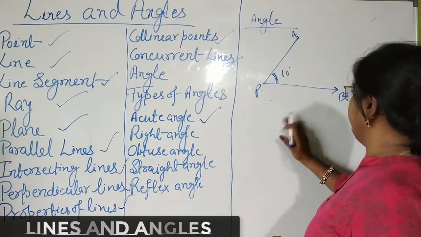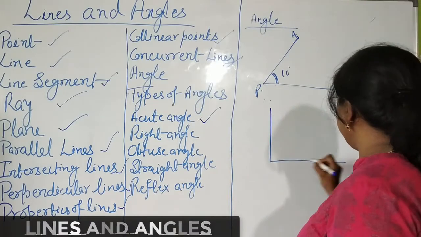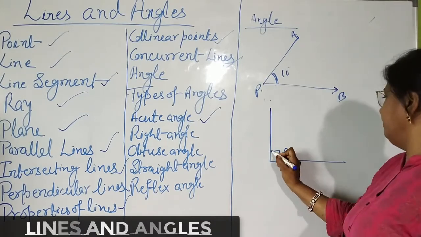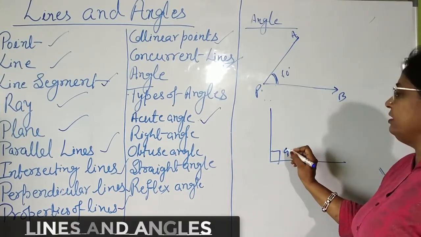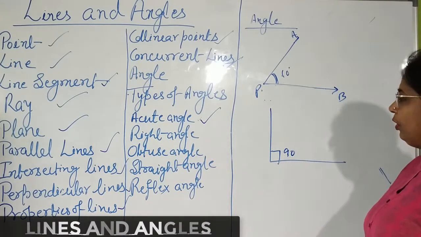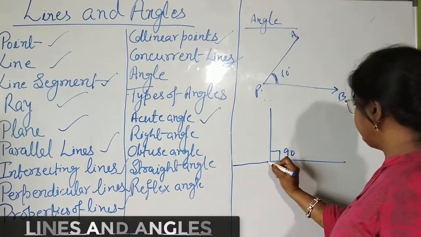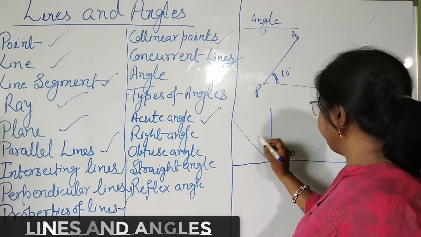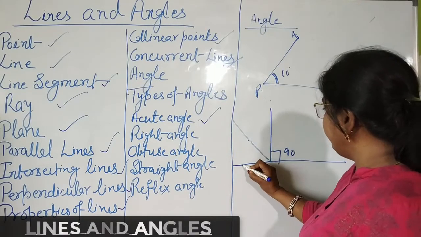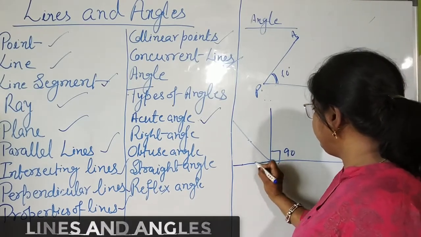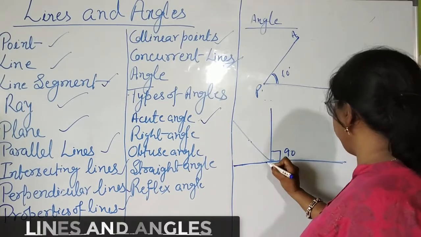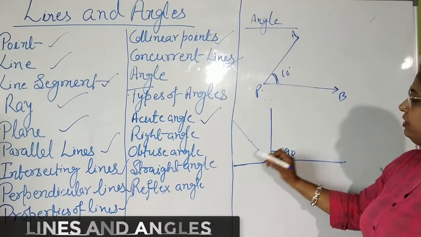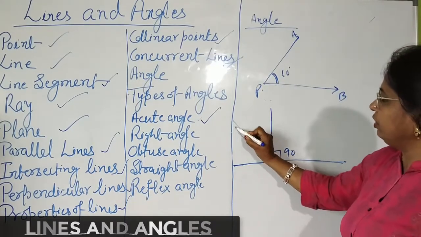Next, right angle. A 90-degree angle is a right angle. If two lines are perpendicular to each other, then it is a right angle. Now, obtuse angle. An angle greater than 90 degrees and less than 180 degrees is called obtuse.